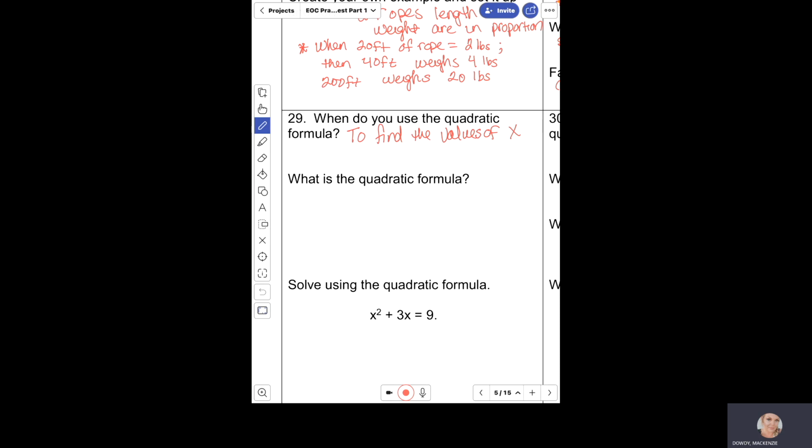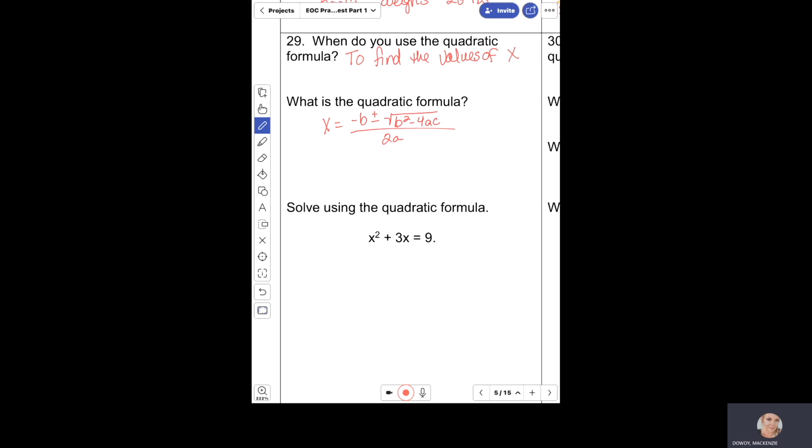What is the quadratic formula? We all memorized this song, right? X equals negative b plus or minus the square root of b squared minus 4ac all over 2a. Told you guys you were going to need that. So hopefully you still remember it.